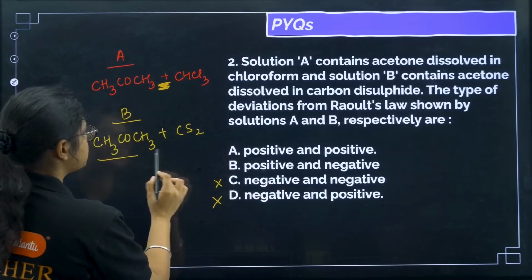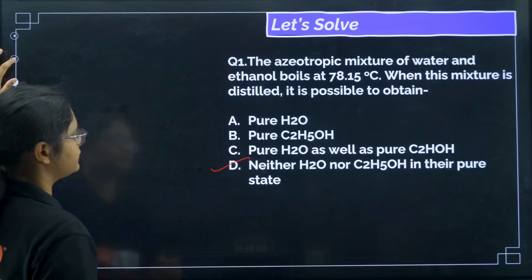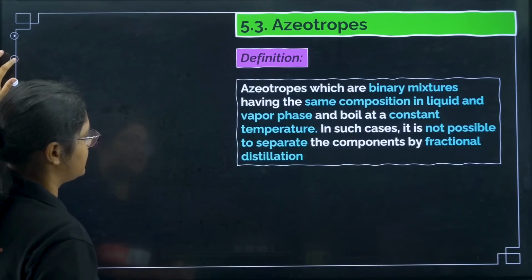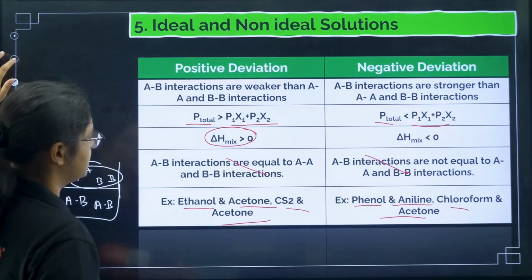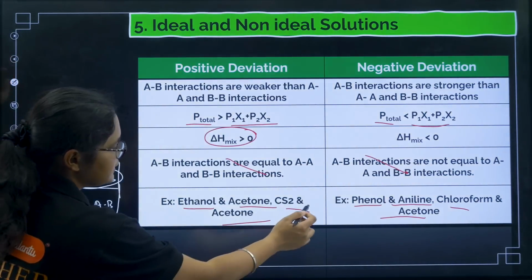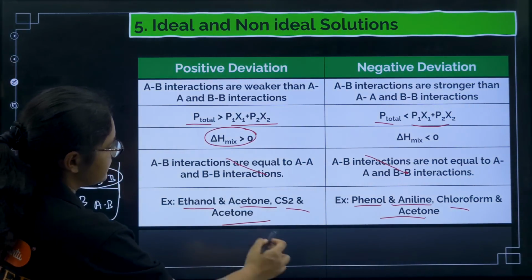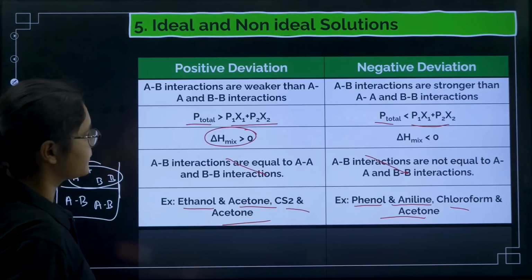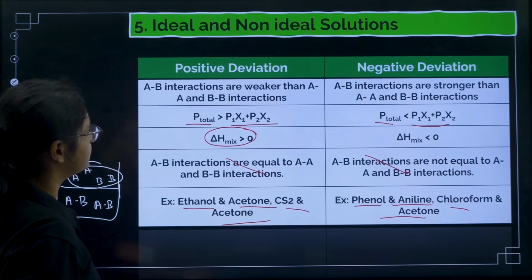Now talking about CH3COCH3 and CS2. If you see the examples that I have given you, one second, let me show you where it is. CS2 and acetone, right? This will show positive deviation. Okay, just a minute.